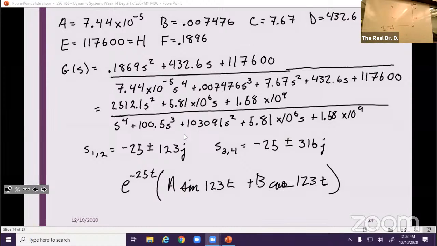I don't know what a and b are, and there's probably some coefficient involved, so I'd have to come up with all that. That's fine, because we're asked for the operating frequency, and we found that. It's 123 radians per second and 316 radians per second.